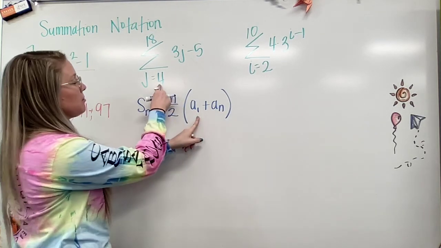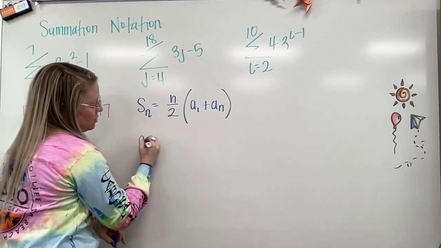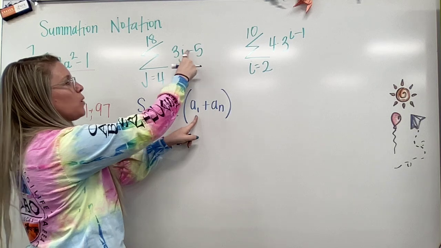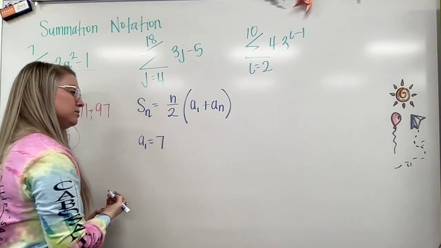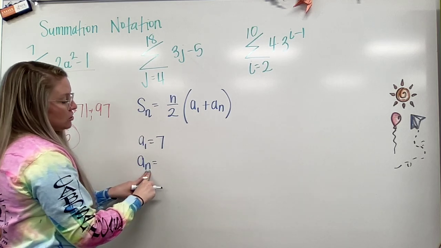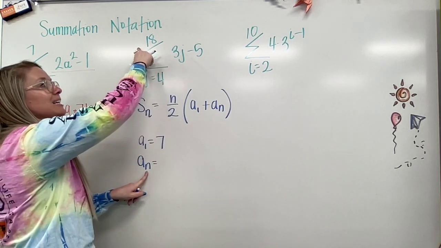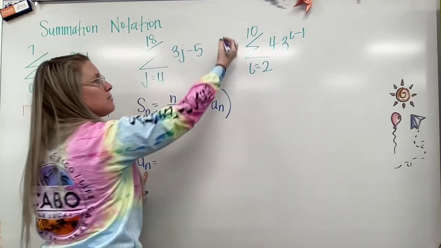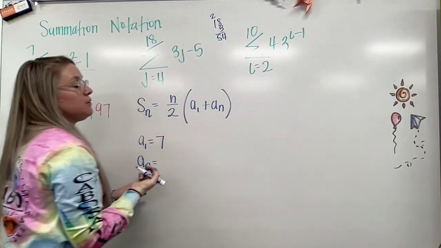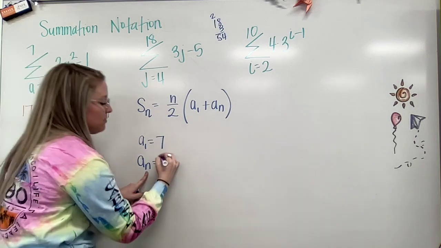To know my first term, I'm going to plug in 4. 4 times 3 is 12, minus 5, that's 7. Then I need to know my final term. I get my final term by plugging in 18. 18 times 3 is 54, minus 5, that's 49.